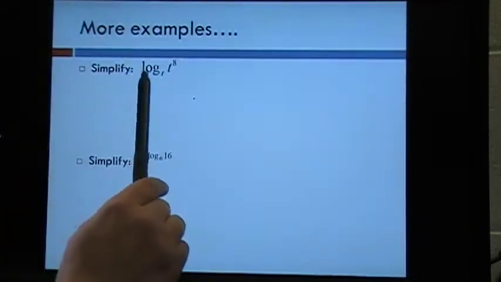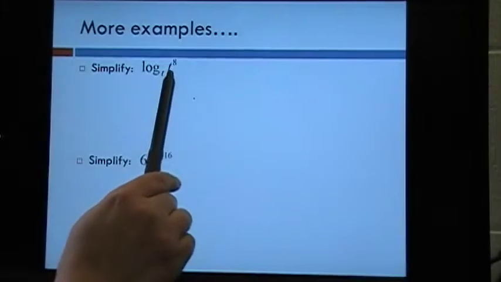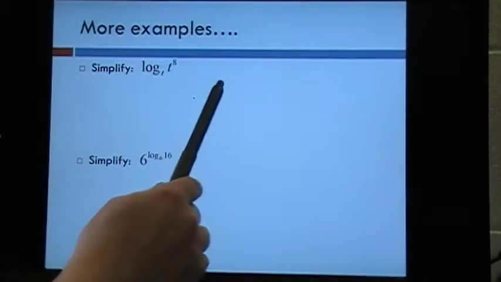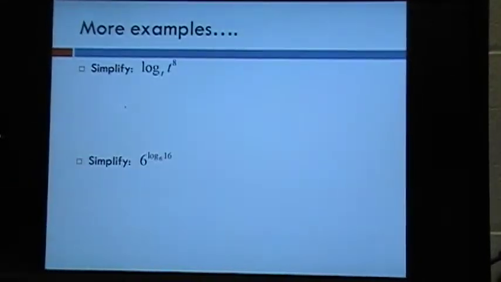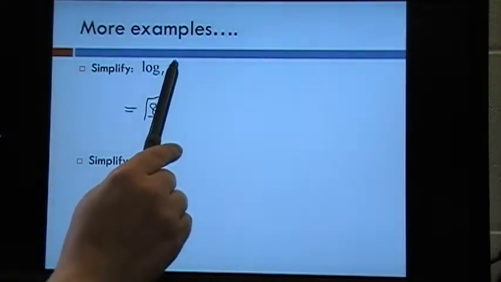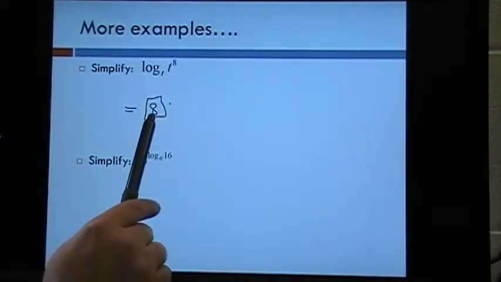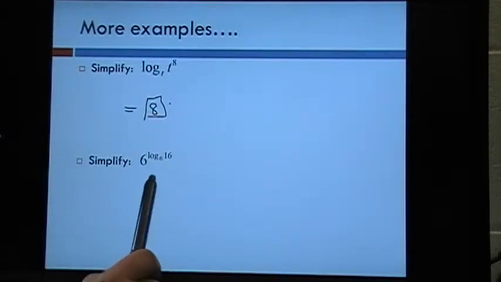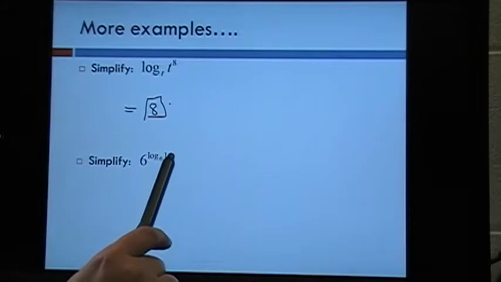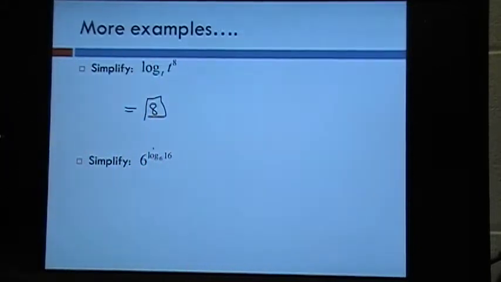So if I want to simplify log base t of t to the 8th, according to my property and according to logic, this is 8, right? What do I raise t to get t to the 8th? I raise it to the 8th power. Also, 6 raised to log base 6 of 16.